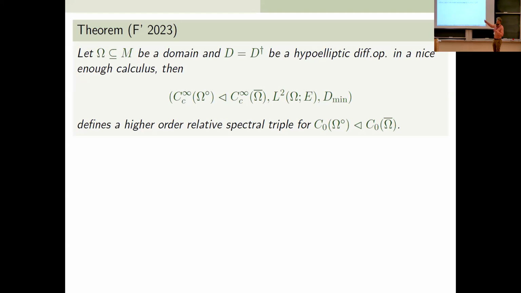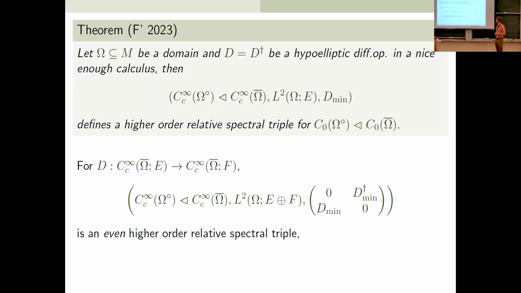Exactly what the requirements are is specified in the paper, because I don't want to check all the things. I have a list of the requirements of a calculus that I need, and it's not a long list. And it works very well. So now applying the boundary map to this. Sorry, if we want to have an even cycle, it doesn't have to go between the same vector bundle. It doesn't matter.